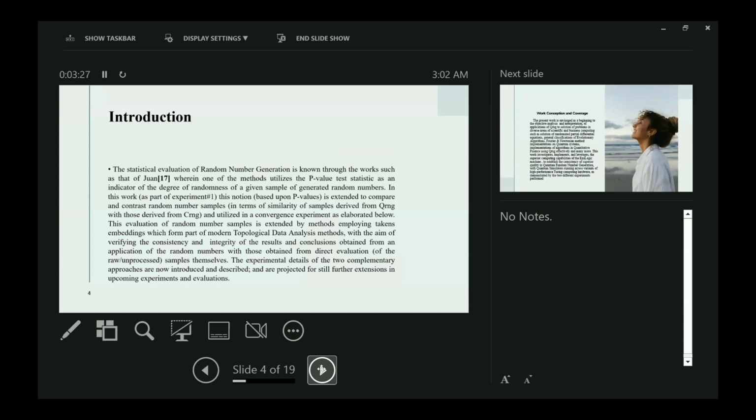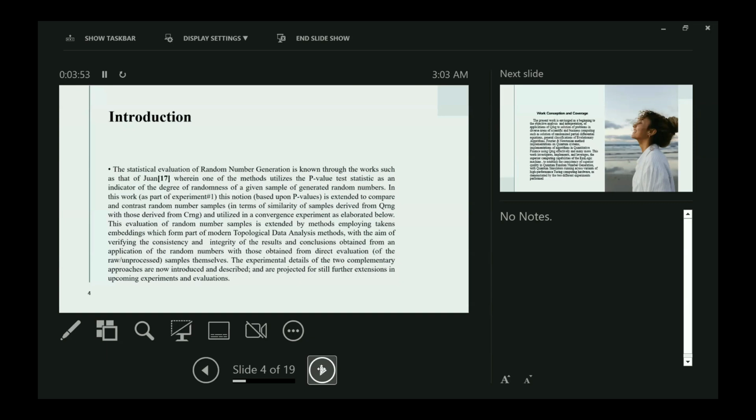The statistical evaluation of random number generation is known through works such as that of Wherein, wherein one of the methods utilizes the p-value test statistic. Now, a p-value is a meta-statistic that indicates the degree of randomness in a given sample of generated random numbers.